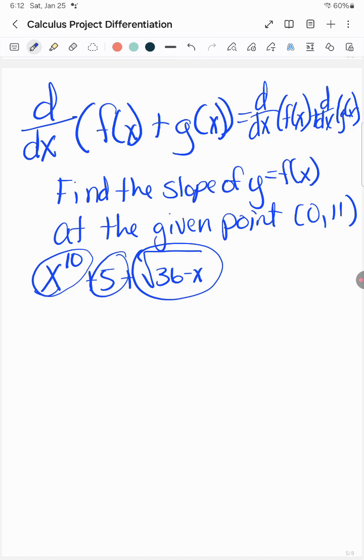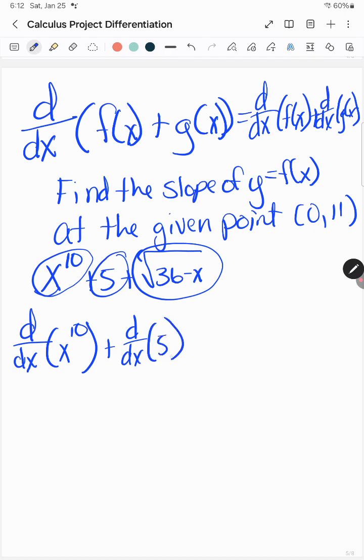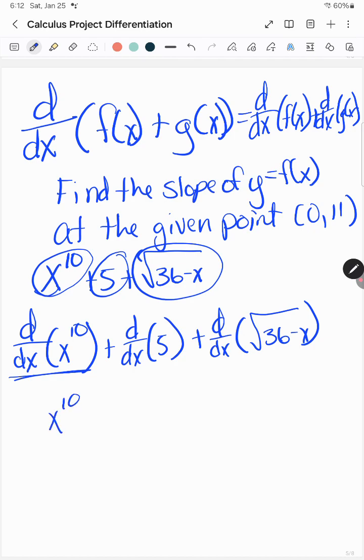in order to be able to solve this equation and simplify it. So the first thing we're going to do is put d over dx times x to the 10th, plus d over dx times 5, plus d over dx times the square root of 36 minus x. We're going to take part 1, and we're going to apply the power rule. So the 10 comes down here.